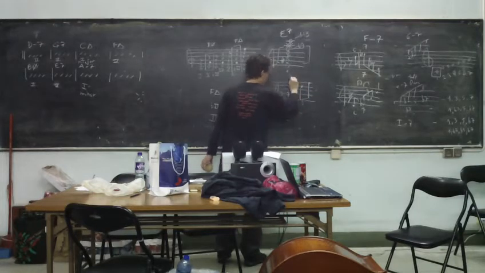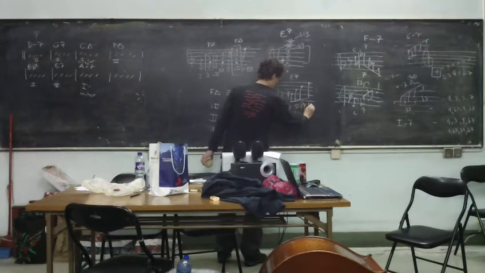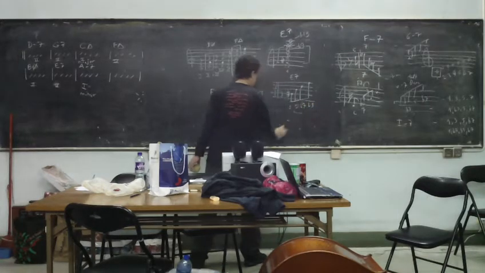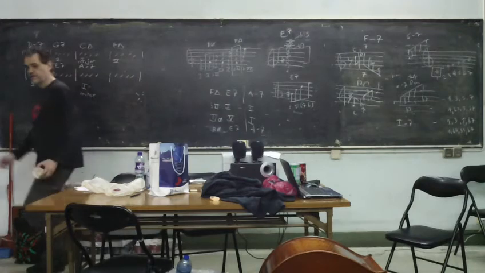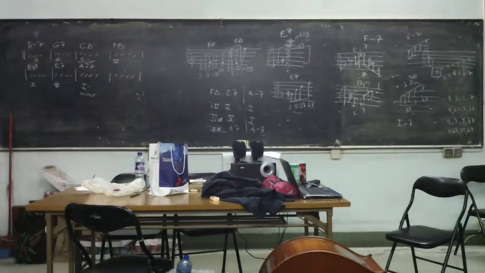So it's like E7, you play the 3rd, the 5th, flat 7 and flat 9. Okay? You can hear that always, everywhere in all the solos. This position or inverted or whatever.